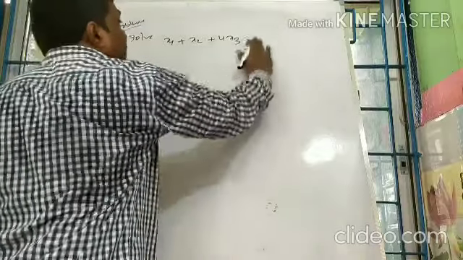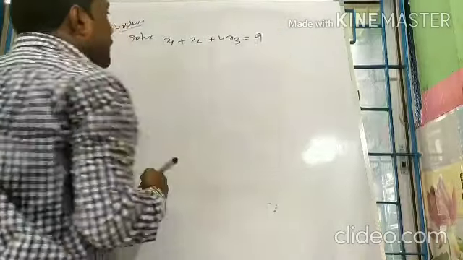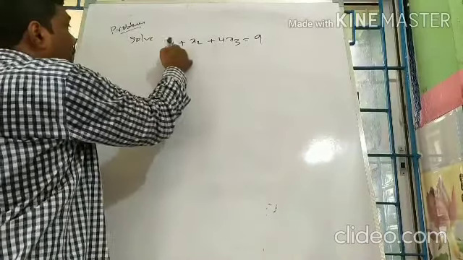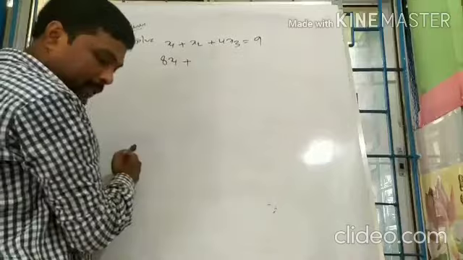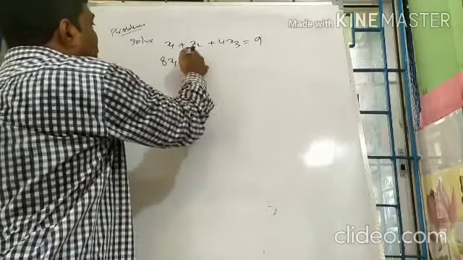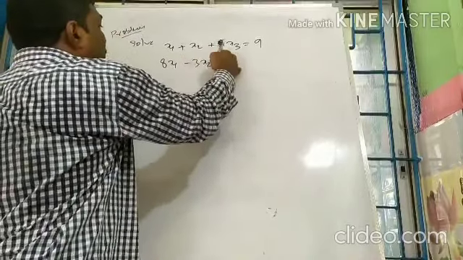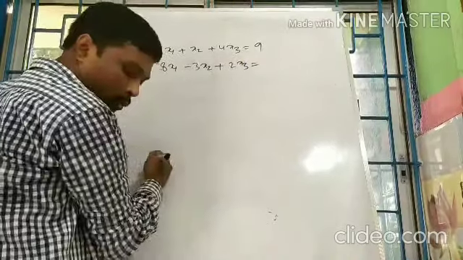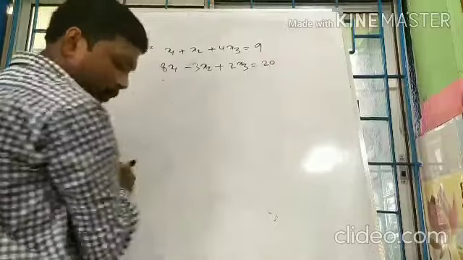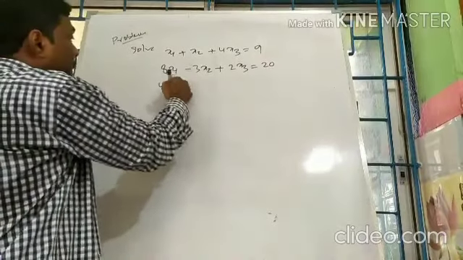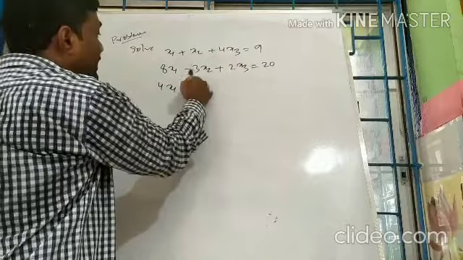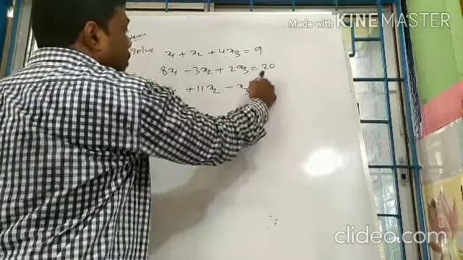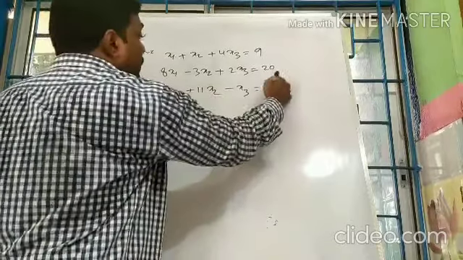Sorry, it is 9. Then 8x1 minus 3x2 plus 2x3 equals 20, and 4x1 plus 11x2 minus x3 equals 33.